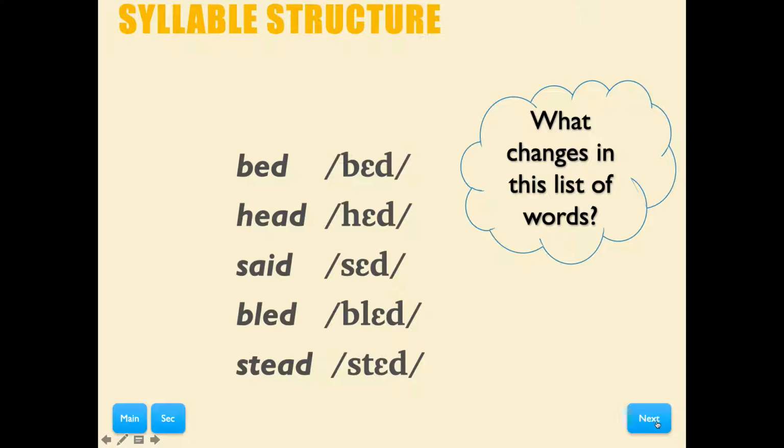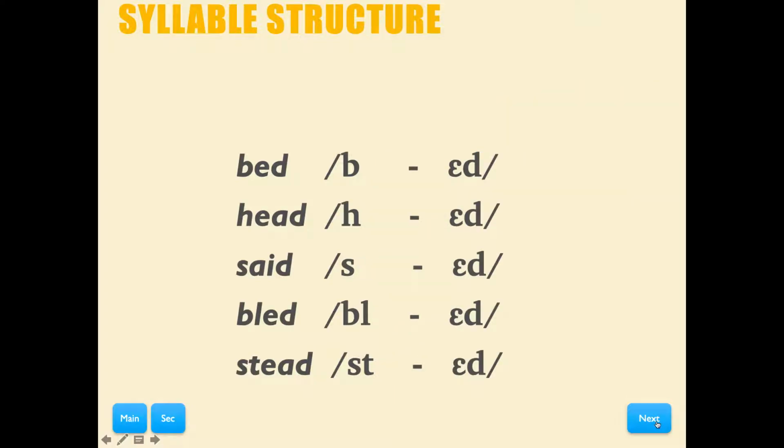The answer is that what is changing is the initial consonant in each of the syllables, otherwise, the onset. The onset here, here, here, here, and here. However, as you can see, the vowel and the coda do not change in these different words. They remain the same. This is why these words rhyme.